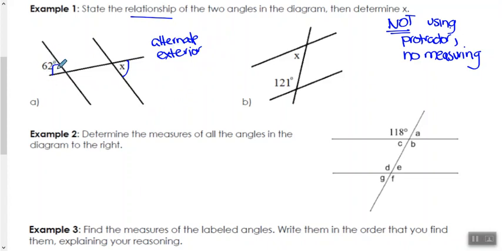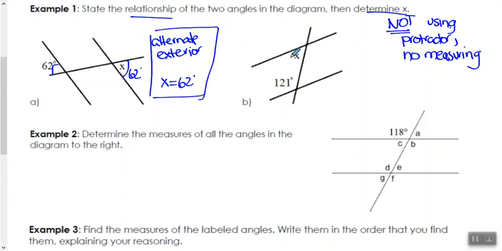One way I can tell, if I know I have parallel lines here, which I do, is just taking a look at how the angles look. Here, acute angle, they're going to be equal, not supplementary. So this will also be 62 degrees. So x equals 62 degrees. Alternate exterior, determining x is 62 degrees.